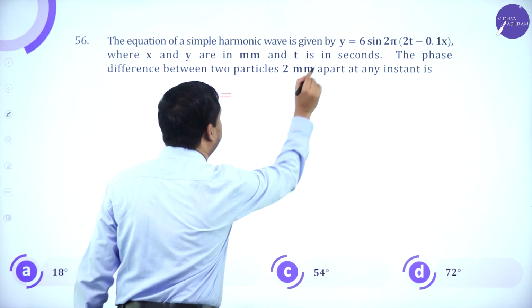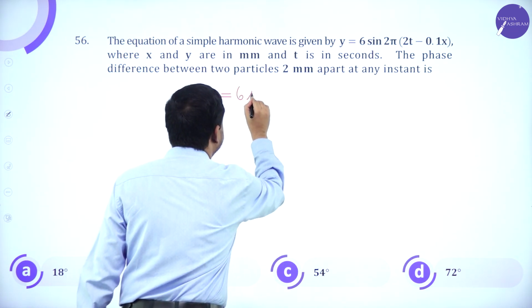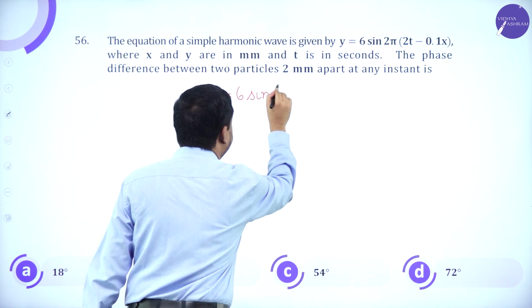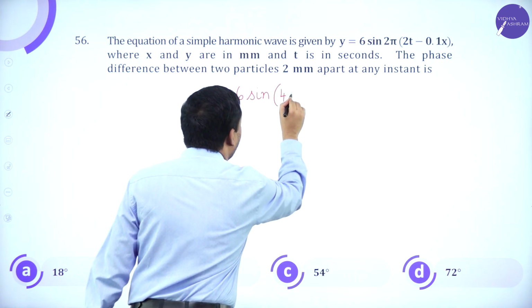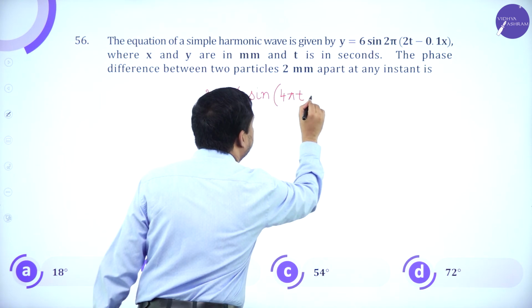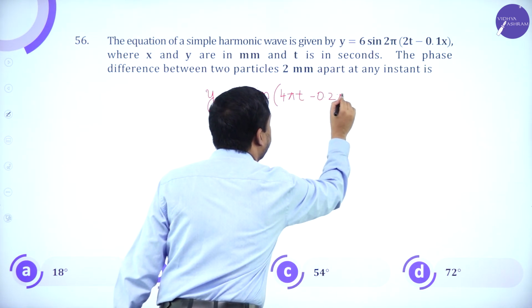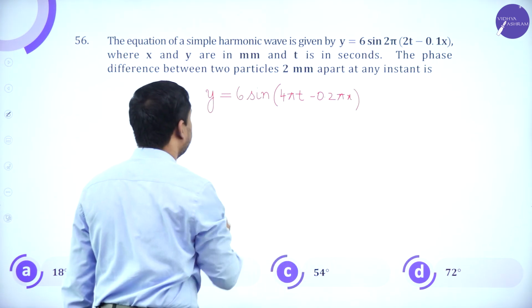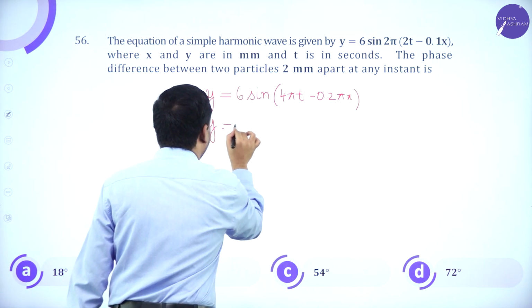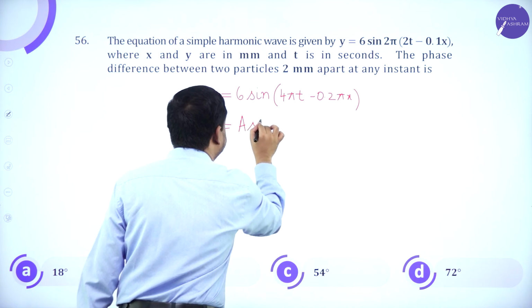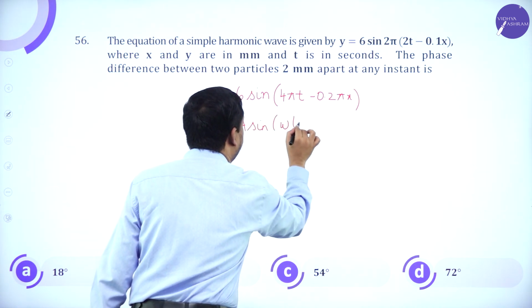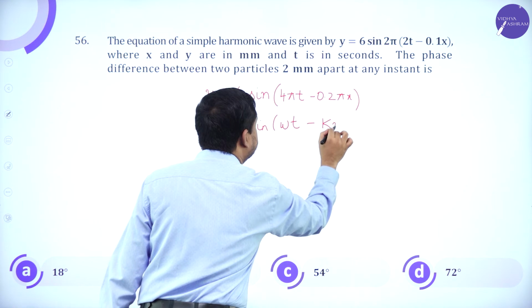Rearranging the given equation, 6 sine 4 pi t minus 0.2 pi x, which is y equals a sine omega t minus kx.